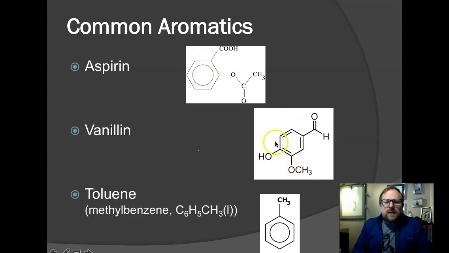But by looking at these two, you should be able to see that these are aromatics because they contain a benzene ring. The same thing with toluene down here, also known as methylbenzene. Methylbenzene because it's got that one methyl group on it, and it is aromatic as well because you can identify the benzene ring on it.